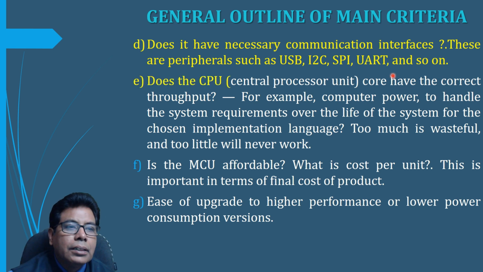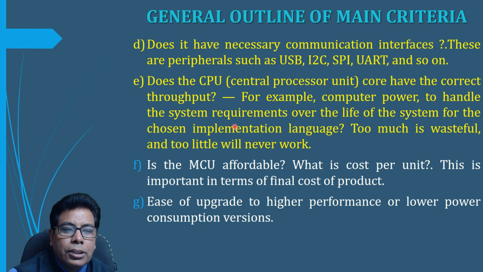Then does the CPU core have the correct throughput? Here the CPU should be powerful, then only it will give us the correct throughput. Speed of the CPU is important, and the internal architecture which will make it suitable for the application.